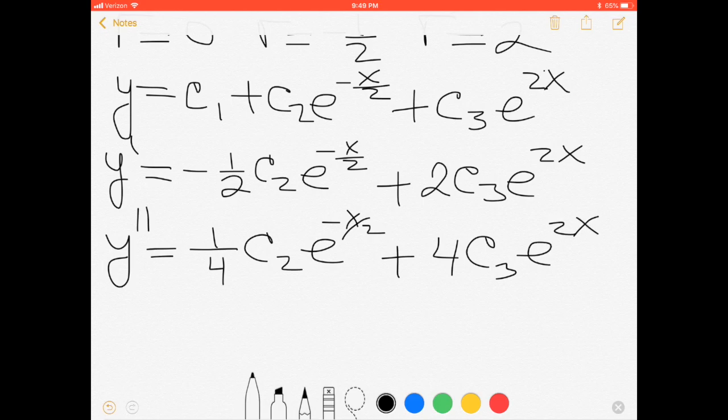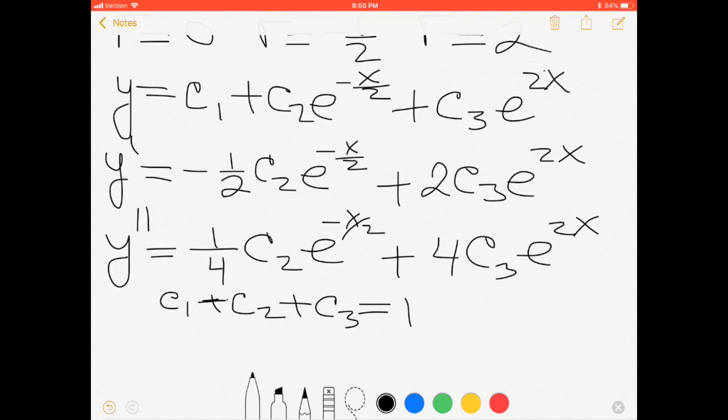Now we plug in x equals 0 for the function, first derivative and second derivative, and build our equations. For the function, you have c1 plus c2 plus c3, and it needs to equal 1.